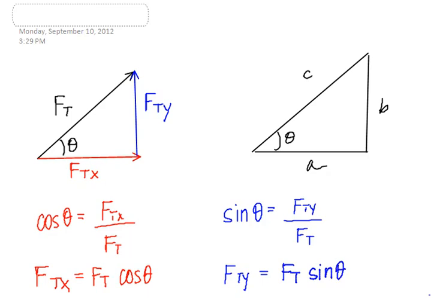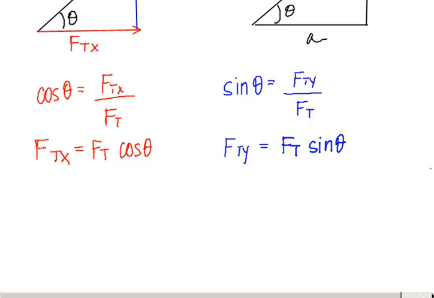Now if I take that to a more general case, I could say that for any kind of force, a weight force, a spring force, whatever force it is that's not in the x direction or the y direction, but in both, I could find the x component by taking the magnitude of the force times the cosine of the angle measured to the horizontal.